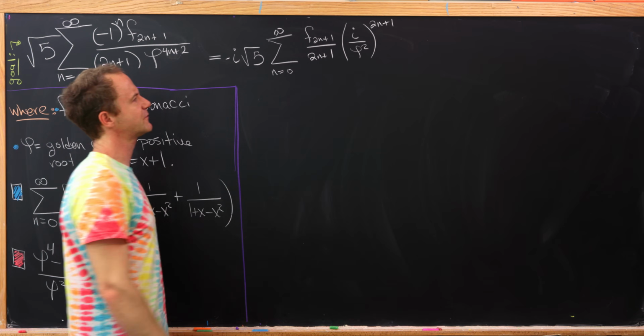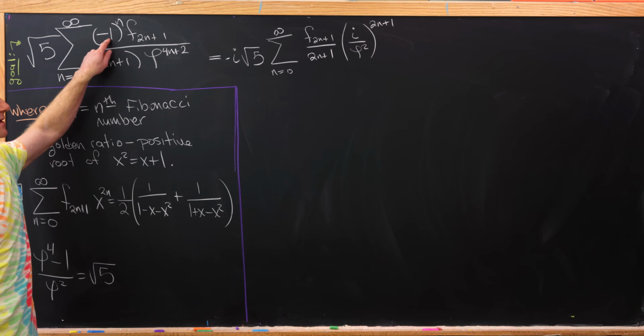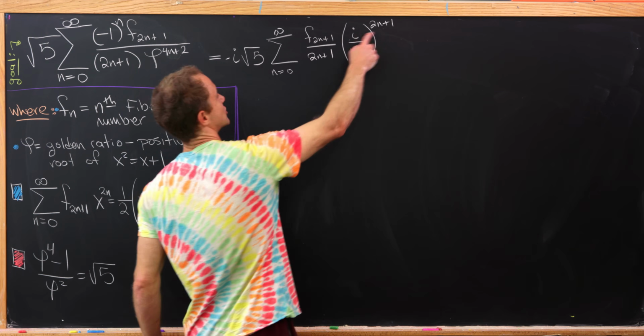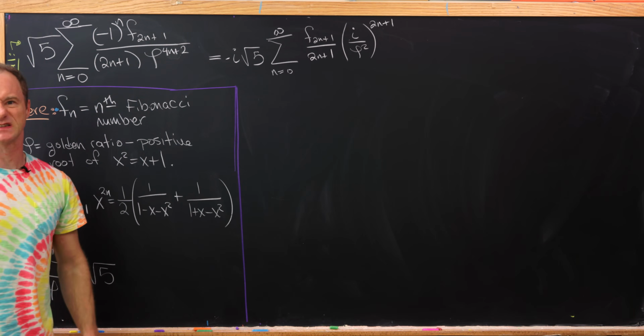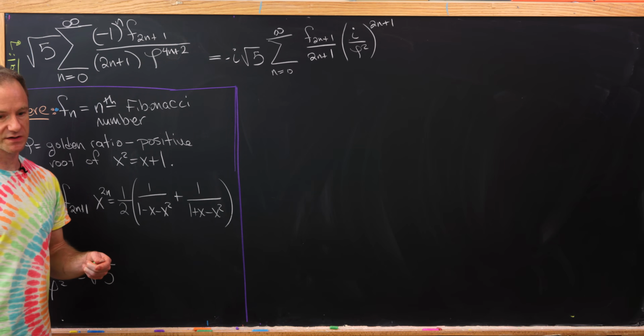Okay, so notice if we raise i to the 2n, we get negative 1 to the n. But then we've got an extra i to the 1, but that's going to cancel with this minus i out front. So that's how all of this works.